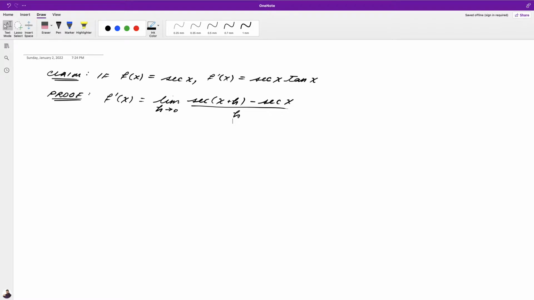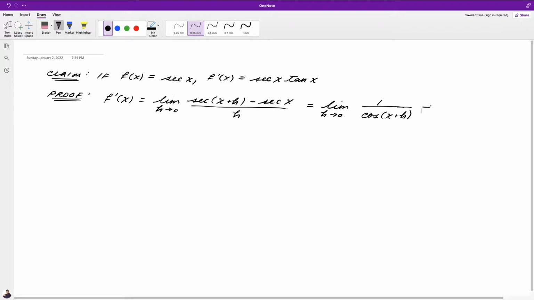Let's go ahead and write this as 1 over cosine of x plus h. I've got a plan. The limit as h trends to 0. This is going to be 1 over the cosine of x plus h. Correspondingly, we're going to write this as 1 over cosine of x. And then all of this is divided by h, so I'll just multiply it by the reciprocal 1 over h.